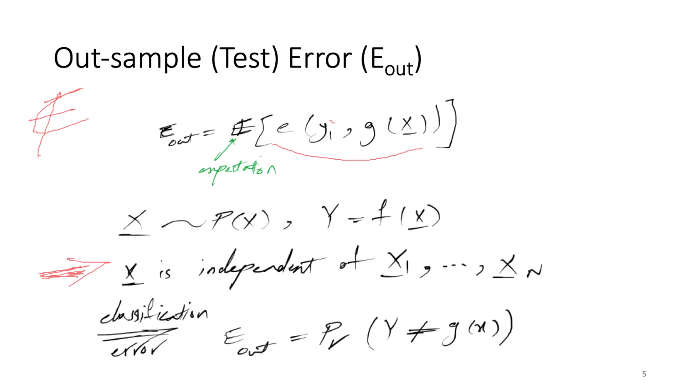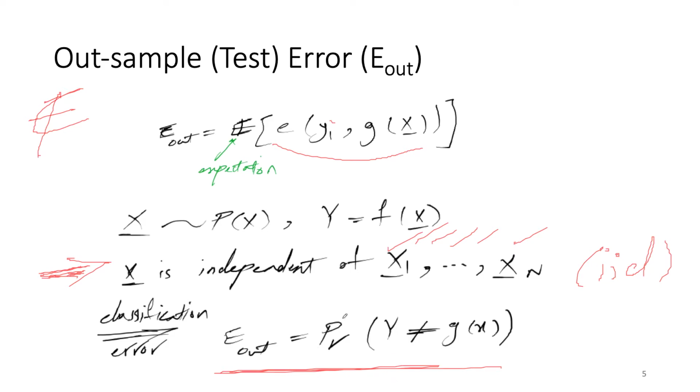In the case that x is independent, each of those draws are independent from each other. You recall we were treating them as IID. The classification error can be computed as the probability of those independent draws such that the predicted value using the hypothesis g(x) wasn't equal to y.